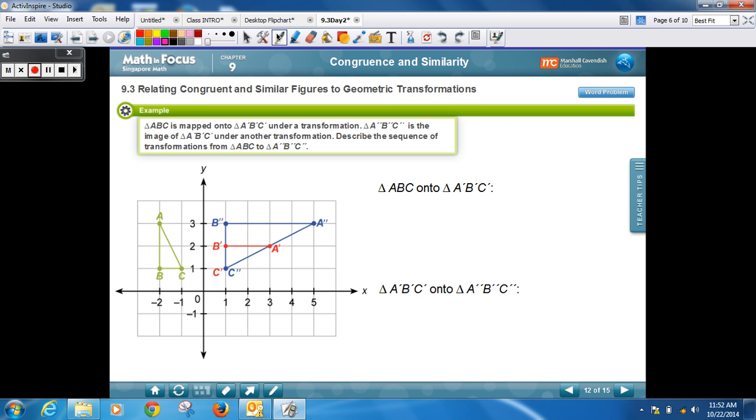Okay, our last one here to look at is the following. ABC is mapped onto A prime, B prime, C prime under a transformation. A double prime and so on is the image of the first image under another transformation. Describe the sequence of transformations. So to go from ABC to A prime, B prime, C prime is a rotation of 90 degrees clockwise.